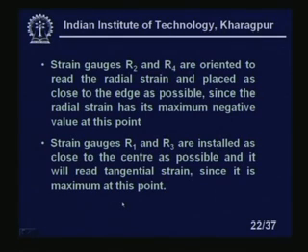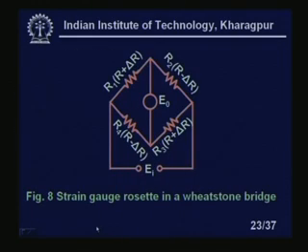Strain gauges R1 and R3 are installed as close to the center as possible, and they will read tangential strain since it is maximum at this point. You see, this is our strain gauge. R1 and R3 sense the tangential stress, and R2 and R4 sense the radial stress, which is compressive, so it will be negative. So resistance values are decreasing here, increasing there, all are active gauges.